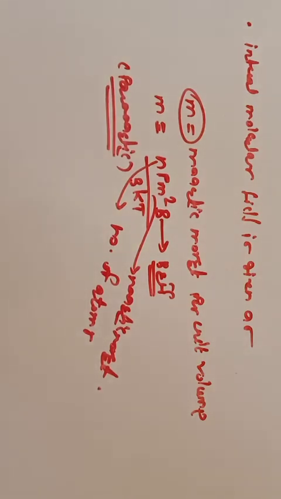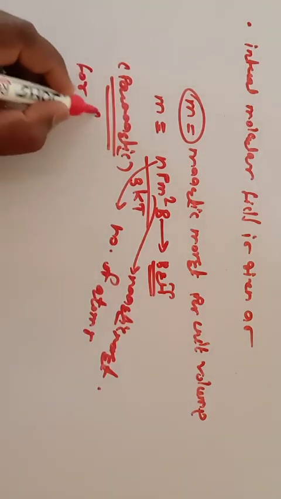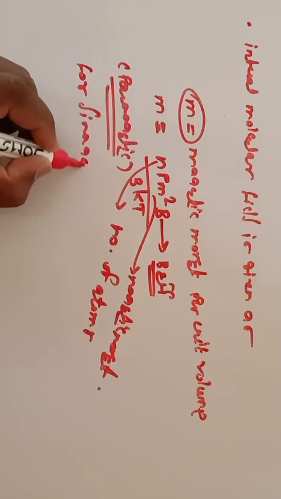So the magnetic moment per unit volume in paramagnetic material is given as M, which is equal to N Pm square B upon 3kT.